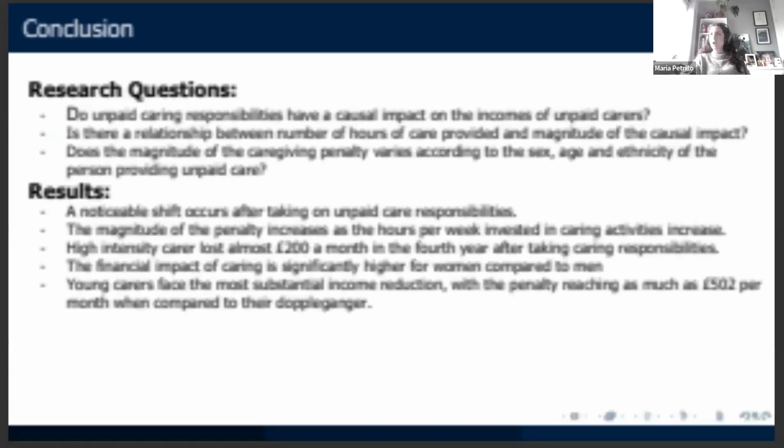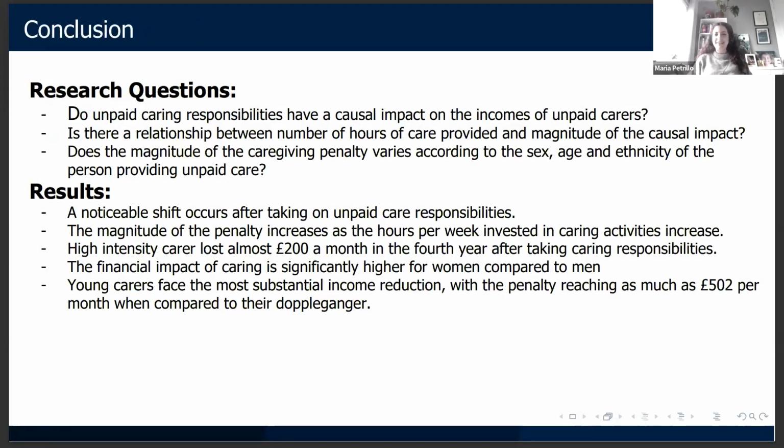So to conclude, we are aiming in this paper to answer 3 main research questions. The first one is, do unpaid caring responsibilities have a causal impact on the income of unpaid carers? Well, yes, we notice that there is a shift that occurs after year 0, after the uptake of unpaid care responsibilities.